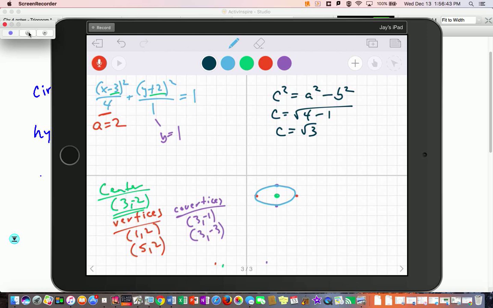So go to the right, you'll have a focus there, and go to the left, and you'll have a focus there. So those focus points, I'm going left and right. So I'm going to do my 3 plus the square root of 3 comma negative 2. And then I do the 3 minus the square root of 3 comma negative 2. And that's the ellipse.